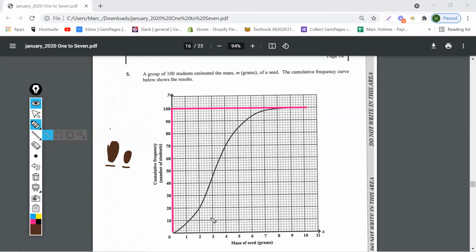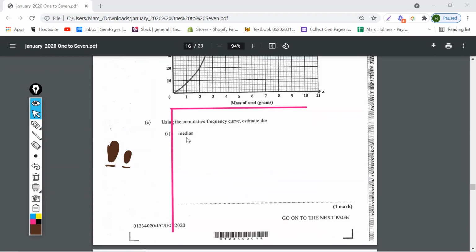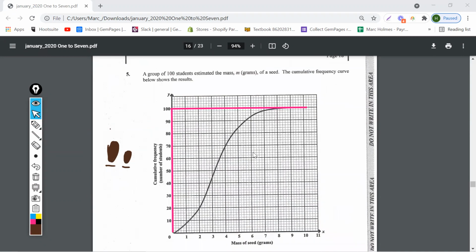So, cool. It says here now, find the median. So guys, where is the median? Median is in the middle. So we're going to put it here at the 50. I'm going to draw a line, but let's not make it brown. Let's make it blue. We're going to draw a line, and that's where it hits it, and it goes down at that. So that's about 3.2.